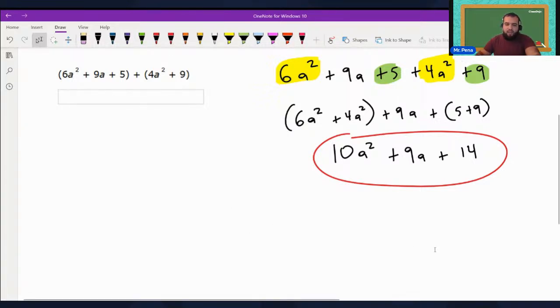So this is how you would type it into the computer. 10a squared plus 9a plus 14.